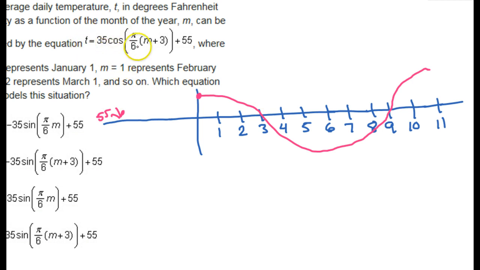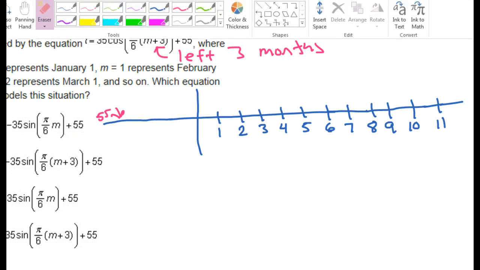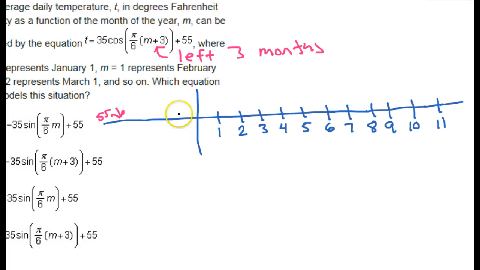However, this m plus 3 right here is actually left 3 months. Okay, so I'm just going to erase this and shift the whole thing left 3 months. So I'm going to need some extra numbers. So 1, 2, 3.